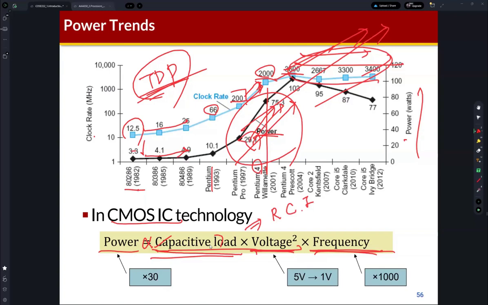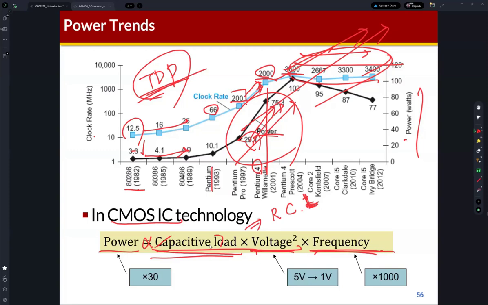Actually, inductance is represented using L, okay? And the capacitance of a circuit is proportional to the size of the semiconductor devices.